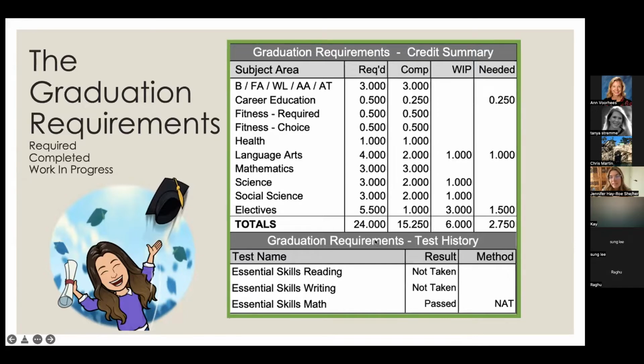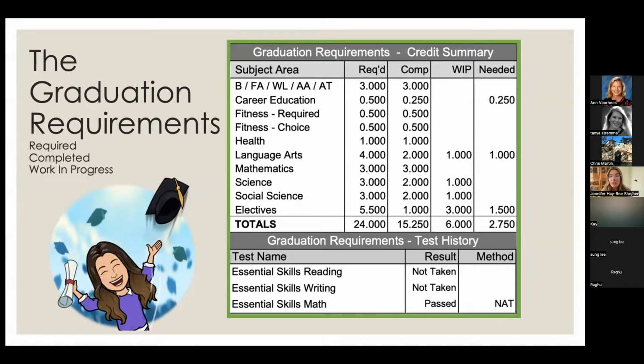The last bit of the graduation requirements are the graduation test history. Beaverton currently requires 3 tests: reading, writing, and math. Typically, these tests are passed by taking either the PSAT, the SAT, or the ACT that is offered to every 11th grader in the Beaverton School District.